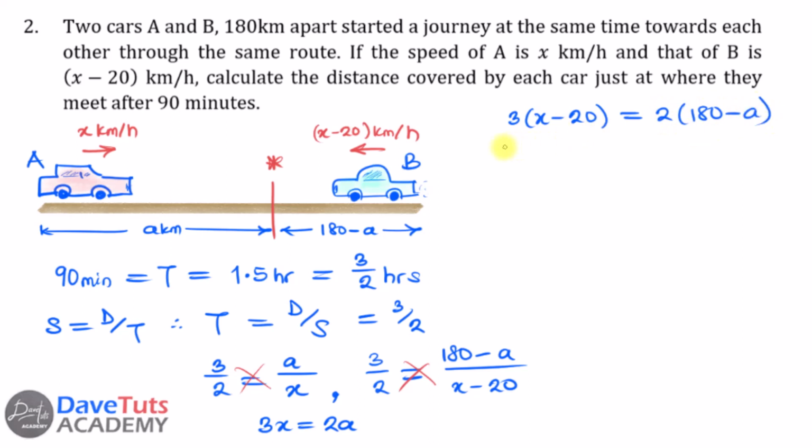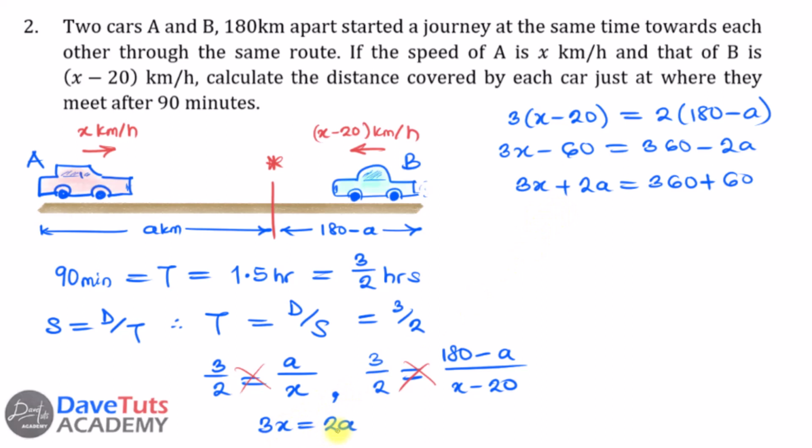So let's open up. This will be 3x minus 60 is equal to 2 times 180 is 360 minus 2a, and then here I can see that 3x minus 2a is equal to 360 plus 60. If I add 2a to both sides, and then add 60 to both sides, it's just like this.